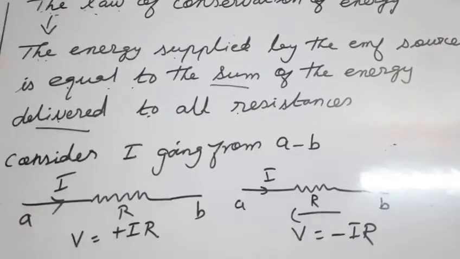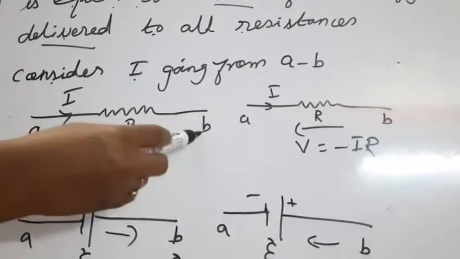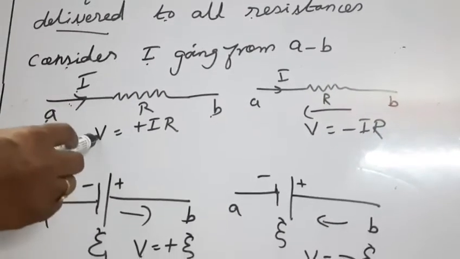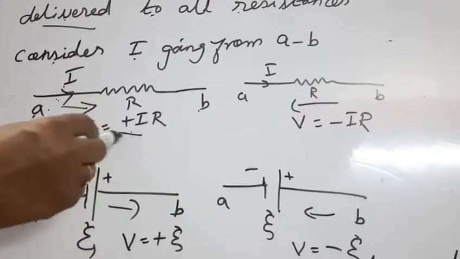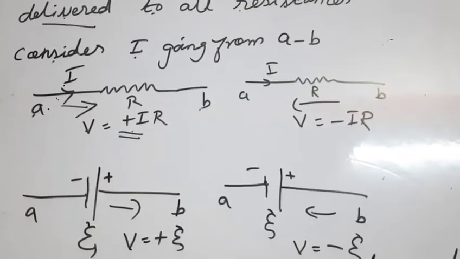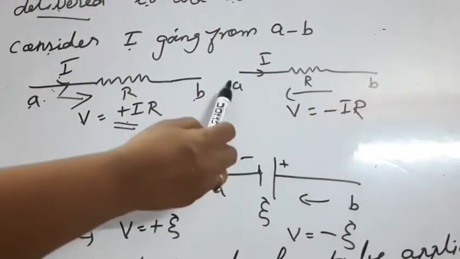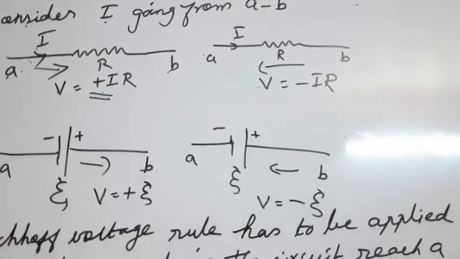Suppose the current is passing through this circuit from A to B, with current I passing in this direction, we calculate the potential difference as plus IR. If the current passes in the direction such that the potential difference is calculated from B to A, then V equals minus IR.